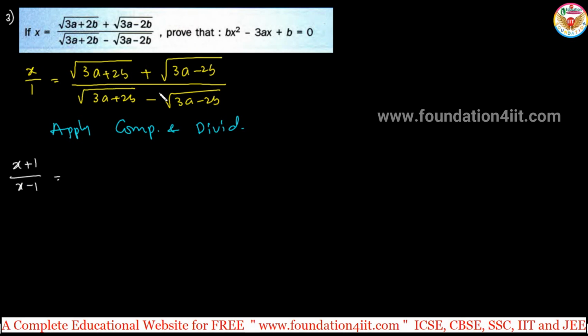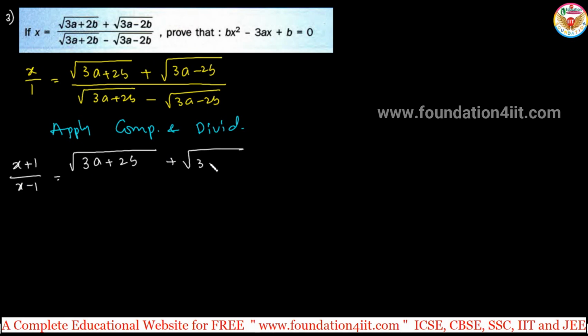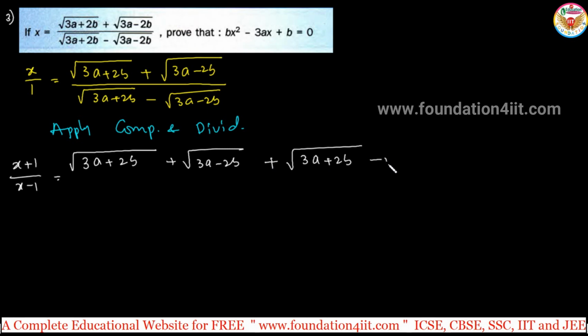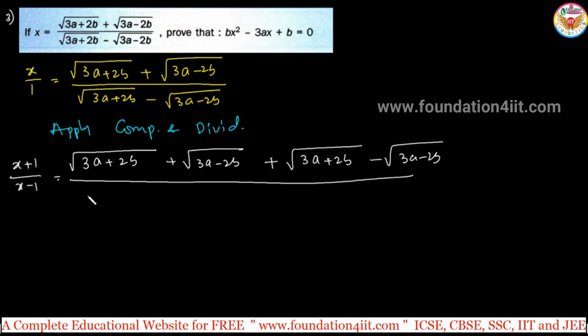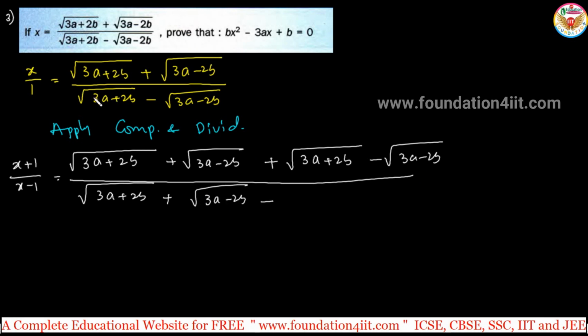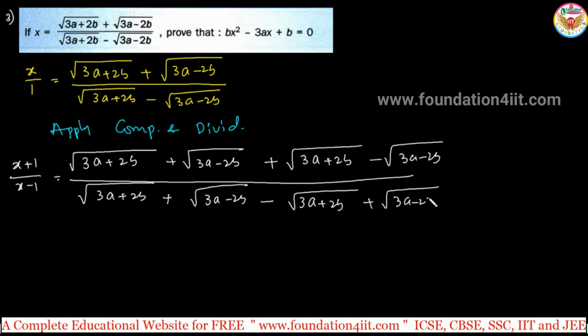Same way this, complete numerator plus denominator, writing clearly here, square root of 3a plus 2b plus square root of 3a minus 2b plus denominator square root of 3a plus 2b minus square root of 3a minus 2b, divided by square root of 3a plus 2b plus square root of 3a minus 2b, minus of denominator. Square root of 3a plus 2b minus of minus, no, it's plus square root of 3a minus 2b.